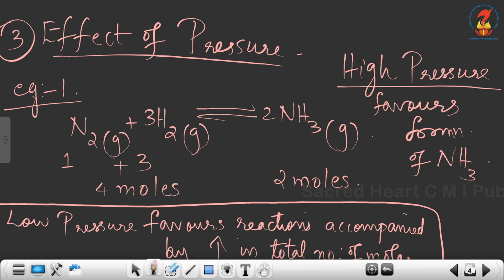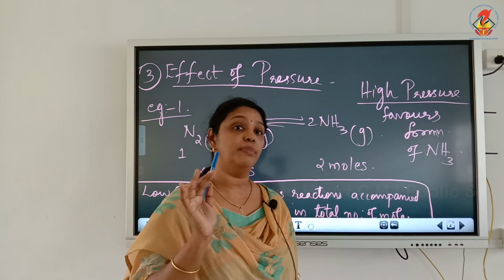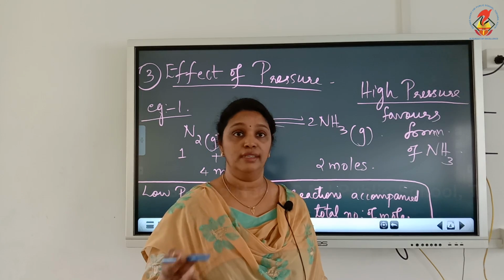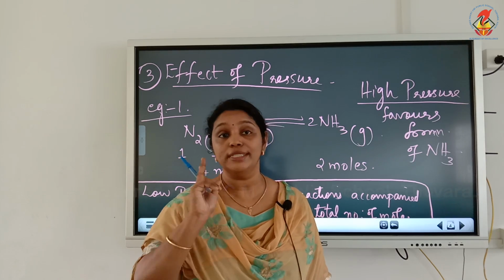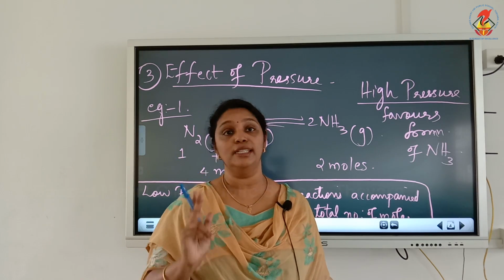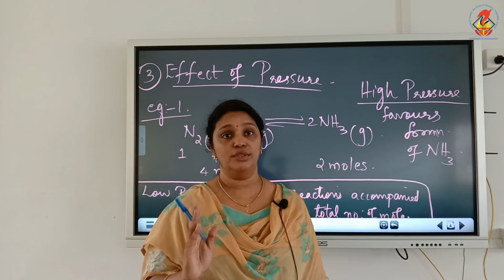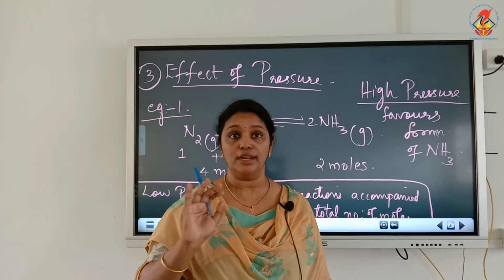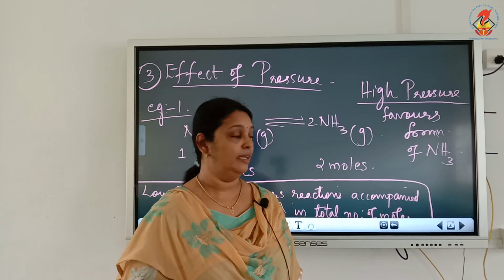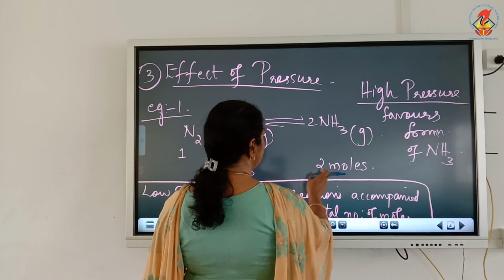And when we discussed the temperature, we discussed that low temperature favors the formation of ammonia. Now, these are the two important conditions to get maximum yield of ammonia: low temperature and high pressure. These two points are to be noted.